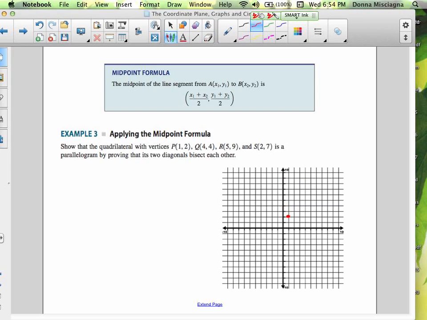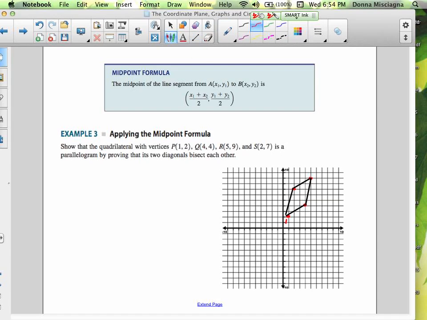I'm just going to graph those one more time. Q is 4, 4. R is 5. 1, 2, 3, 4, 5. I think that's 9. 1, 2, 3, 4, 5, 6, 7, 8, 9, yeah. And then 2, 7. Now I can make a straight line. There we go. All right, good enough.